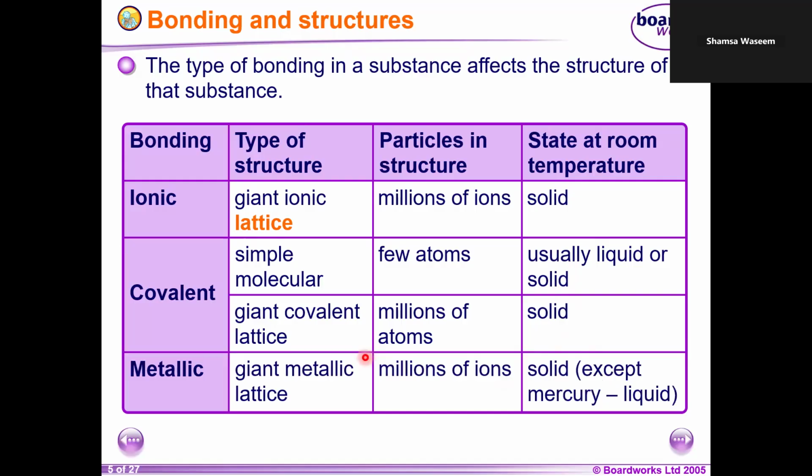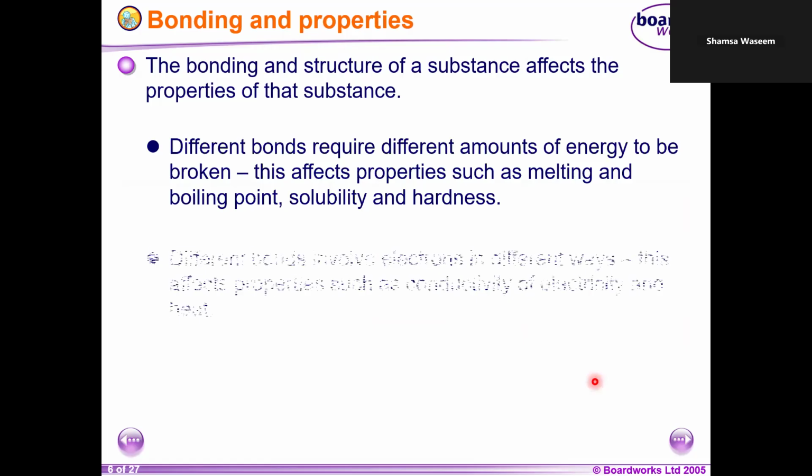So giant structures include giant covalent lattices, like macromolecules, giant metallic lattices in metals, and giant ionic lattices in ionic compounds. The particle structure in metals is millions of ions and delocalized electrons.